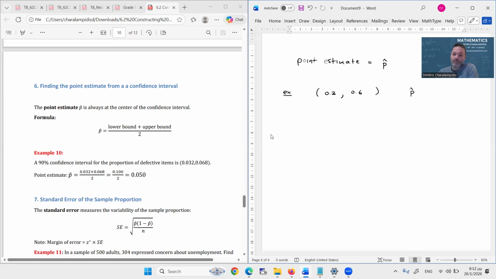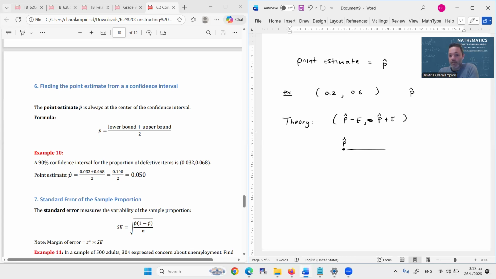We know straight from theory that a confidence interval always looks like this: p hat minus margin of error, p hat plus margin of error. In simpler words, we could say that p hat, the sample proportion, is centered in the middle.